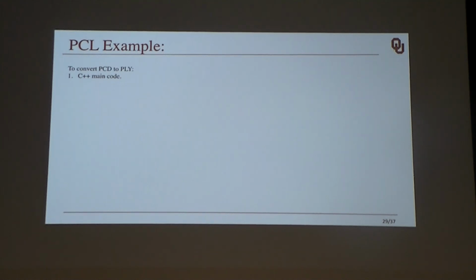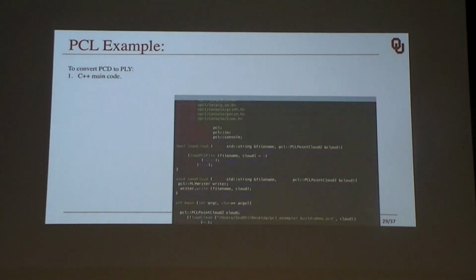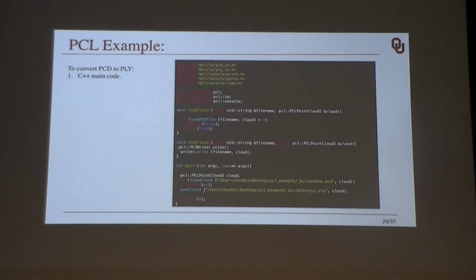The application is to convert PCD to PLY. So in the main.cpp code, first we include all the libraries. So for example, from our input-output module, we include pcd_io and ply_io and some other helper headers.